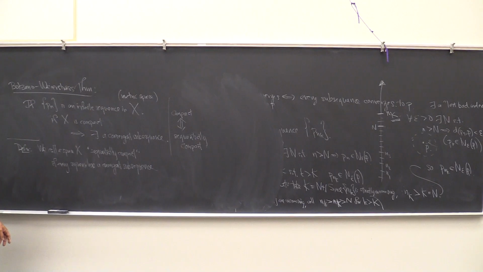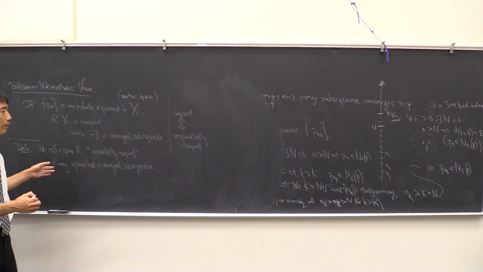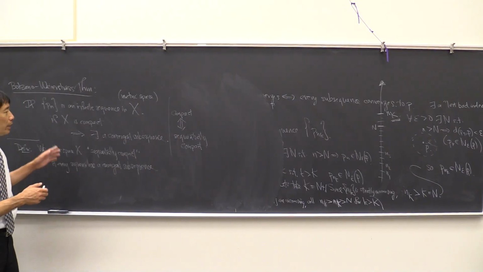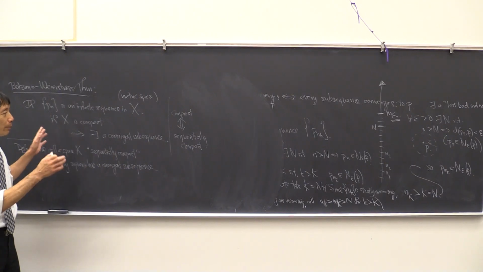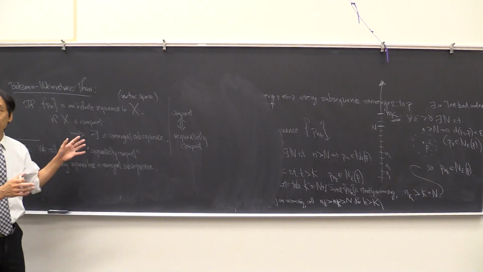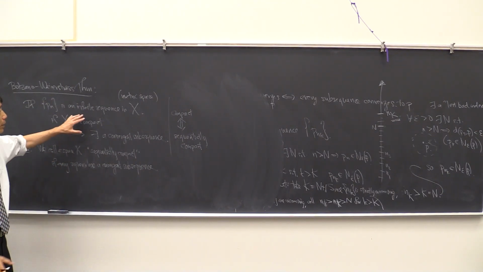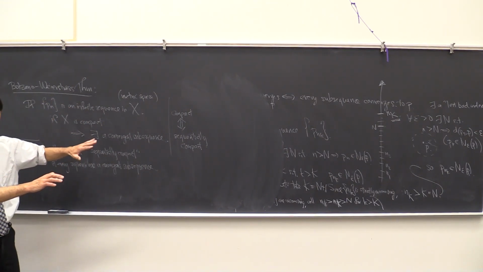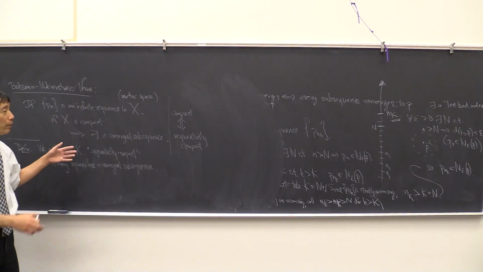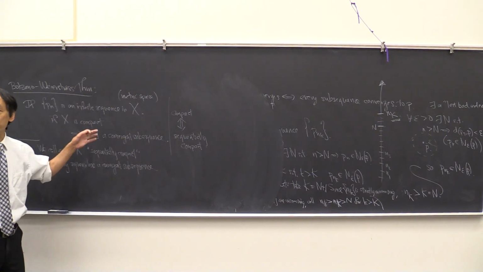What this gives you a sense of is that sequences are able to detect properties of the space. So instead of thinking in terms of open covers, you could just as well think in terms of sequences and subsequences.